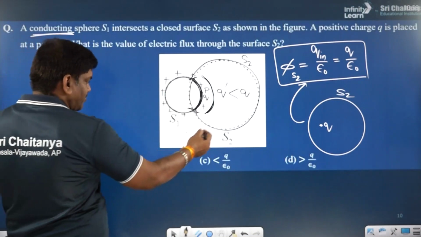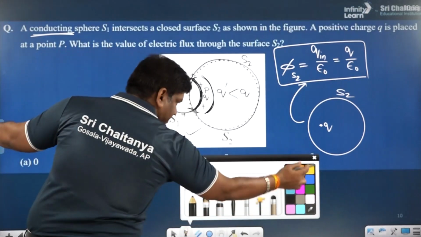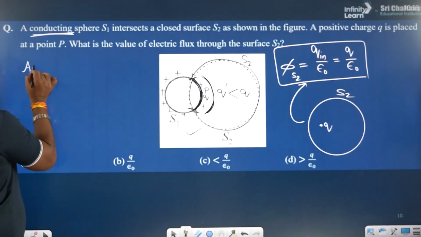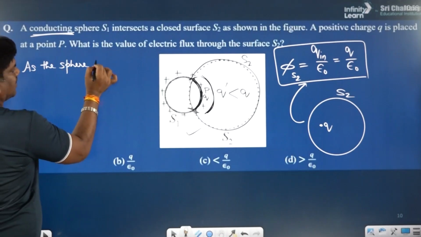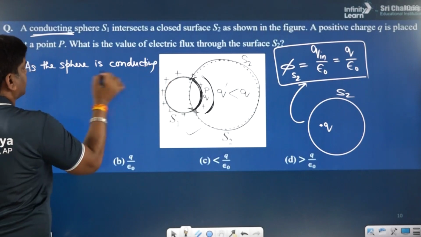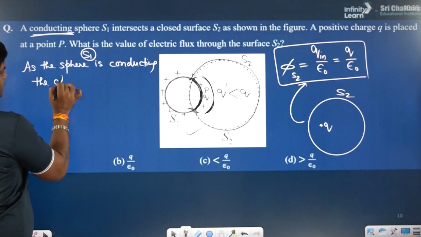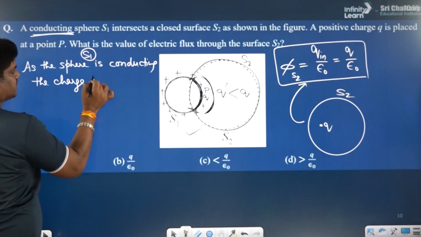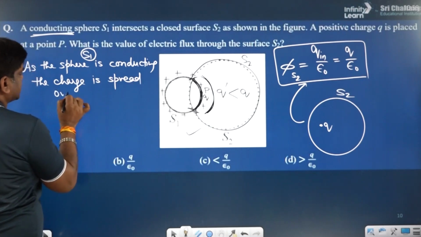So, a very conceptual question. I will write down the explanation: as the sphere S1 is conducting, the charge is spread over the surface.